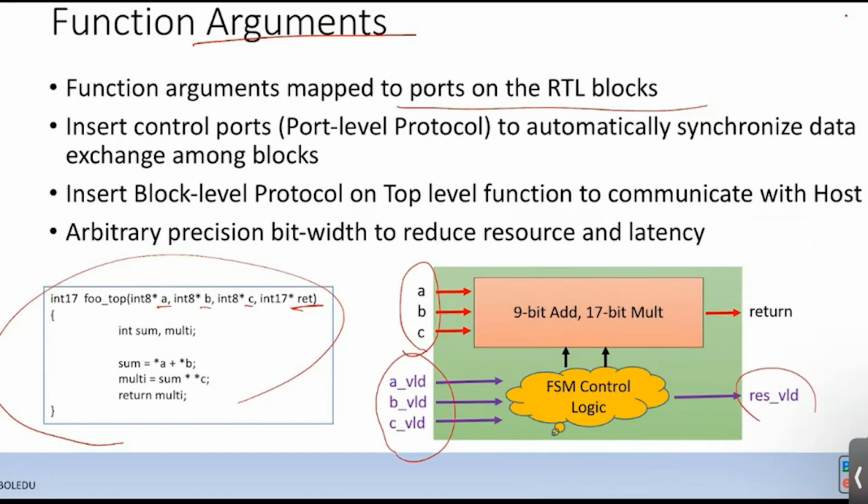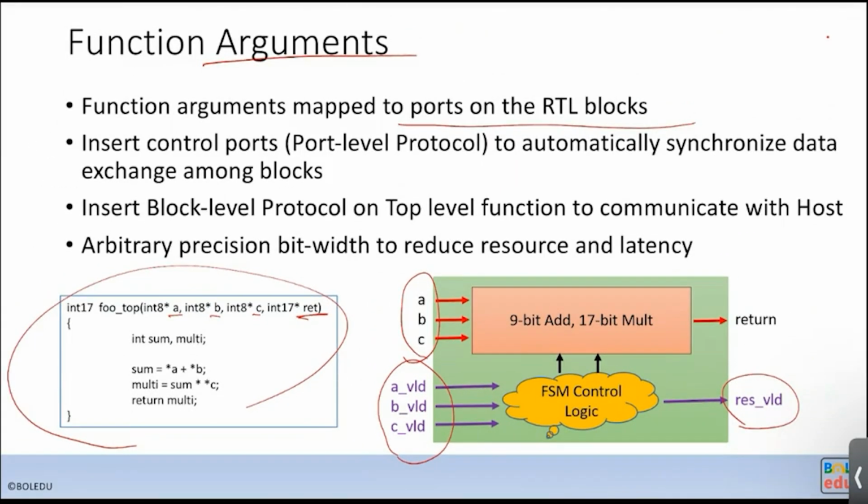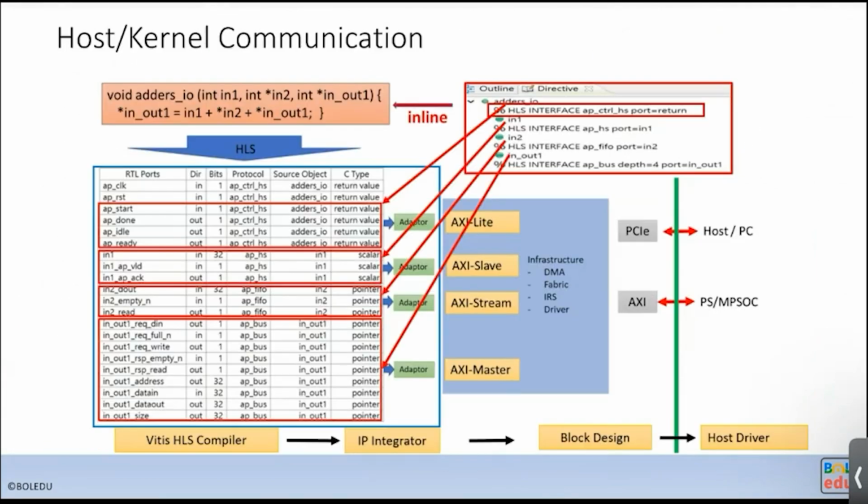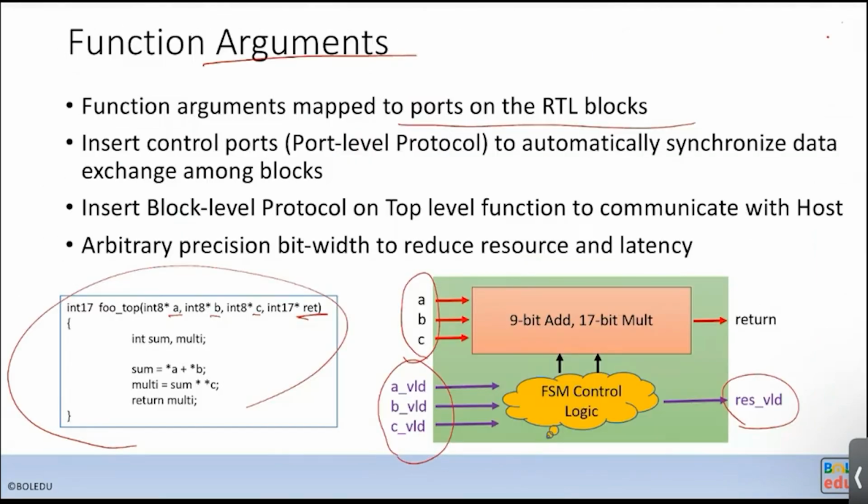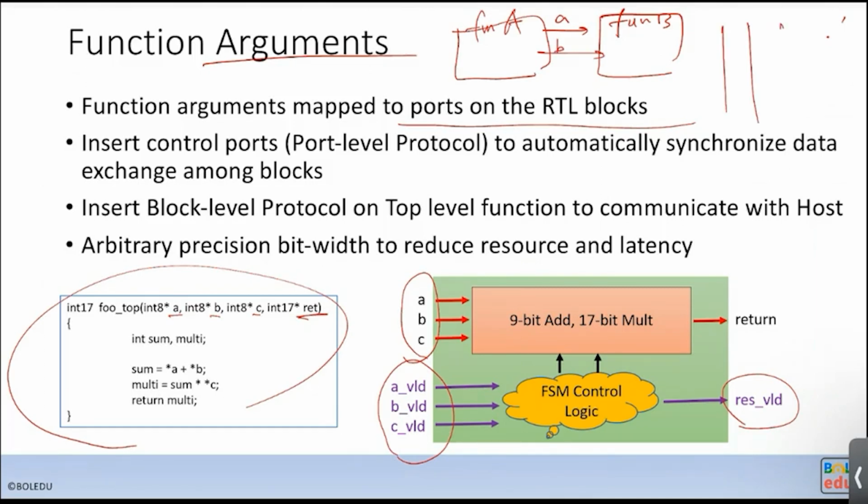For example, it is using the AP valid type. For the data to be interchanged with a module, for example, between function A and function B, when they want to exchange the data, and the data comes in, for example, A, like this, how do you know which cycle has the valid data?